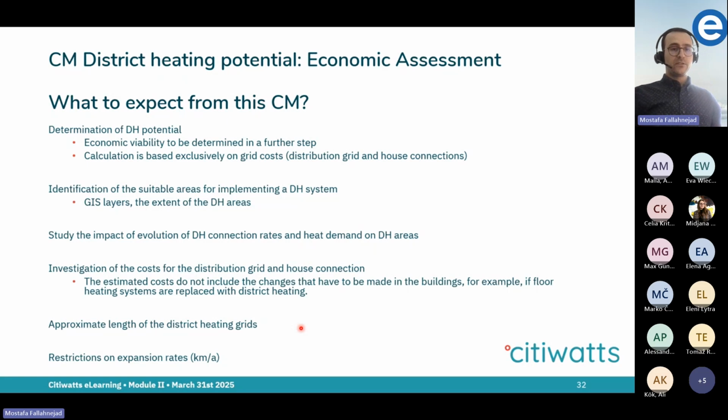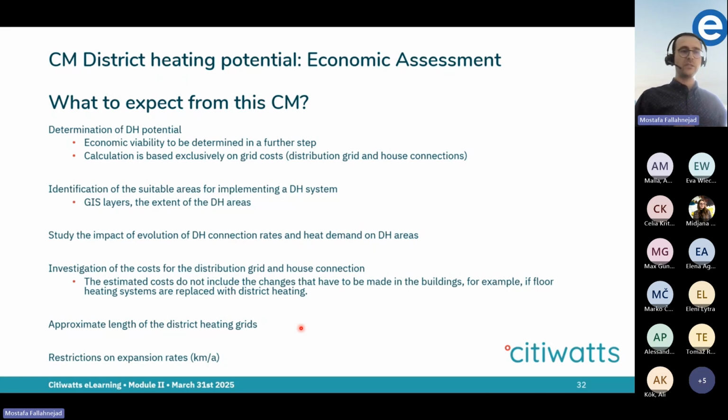And there is another possibility provided by this calculation module, and that is restriction of expansion rate, meaning that you can set a level of expansion, let's say 15 kilometers per year, which is not allowed to be exceeded.